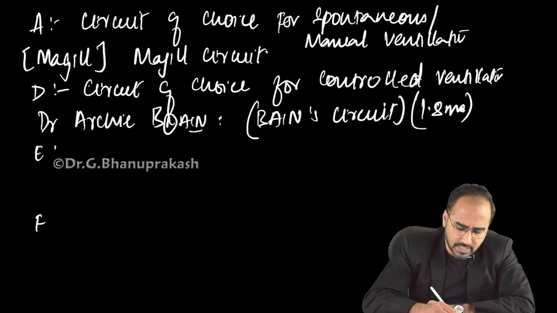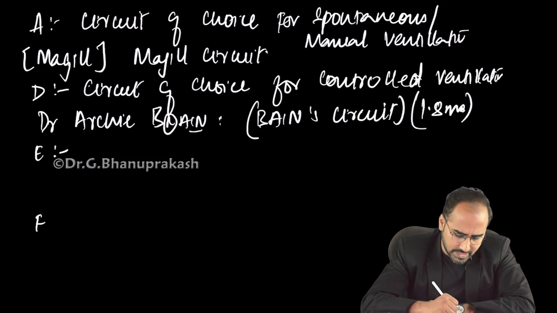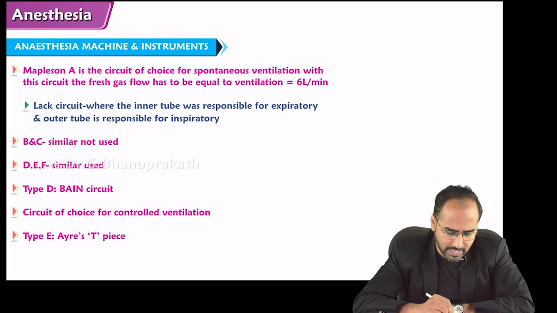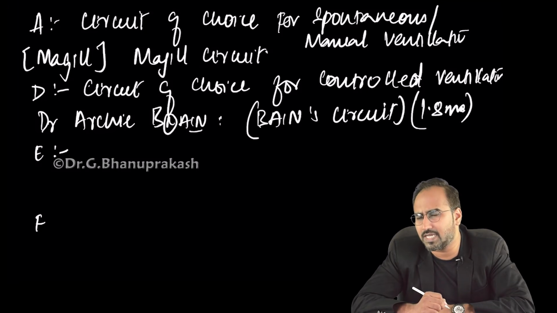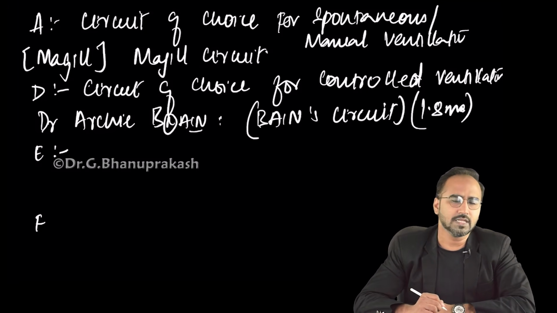Then there is Mapleson E circuit. Mapleson E circuit is the only circuit without a bag. You can see all the circuits are having a bag. Mapleson E circuit doesn't have a bag. Mapleson E circuit was first introduced for pediatric cases, but is it a complete or incomplete circuit, guys? It's an incomplete circuit.